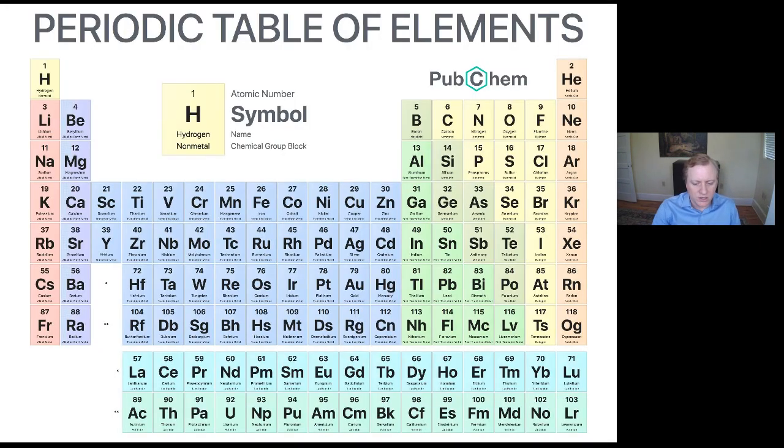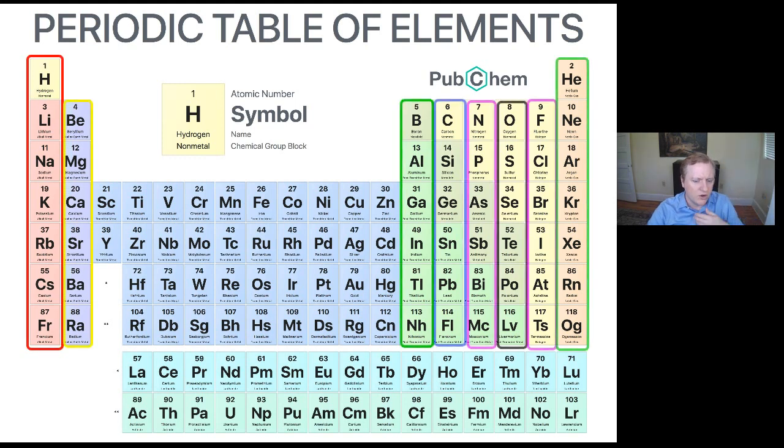Let's talk more about the periodic table. So it is arranged according to the number of protons. Hydrogen has 1 proton. Helium has 2 protons. Lithium has 3 protons. Beryllium has 4 protons, etc. And it lists them in increasing order of number of protons. The other thing to know is that each vertical column going up and down represents a family of elements.